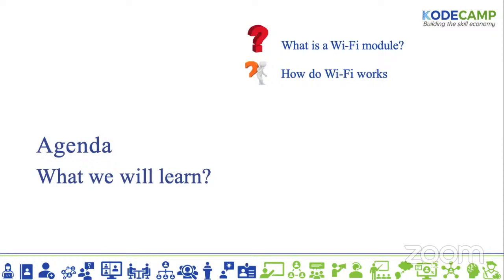And then after that, we're going to look at the ESP8266. We'll look at it as a microcontroller, and also as a Wi-Fi module. Then we'll look at how they connect, how we can make use of the ESP8266, and how we can connect it to the internet to give us what we're looking for.